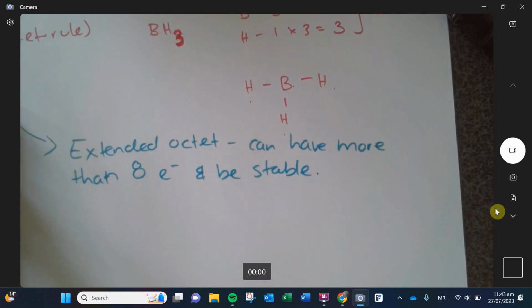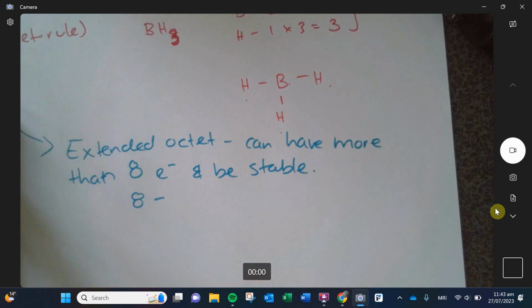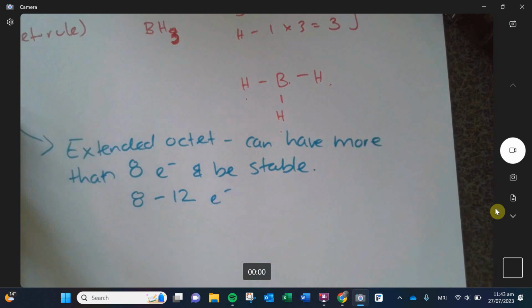These can have anywhere between 8 to 12 electrons, and they will be fine.